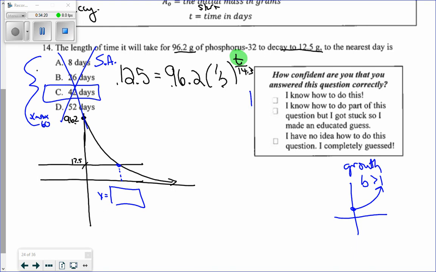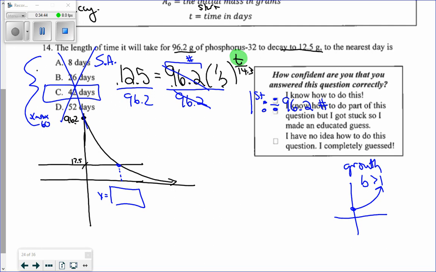So the first thing we're going to do with every one is divide by the 96.2, or in other words, whatever number is here. That's the first thing you do, is you divide by that number. So on both sides, I'm going to divide by 96.2. And then that goes away.